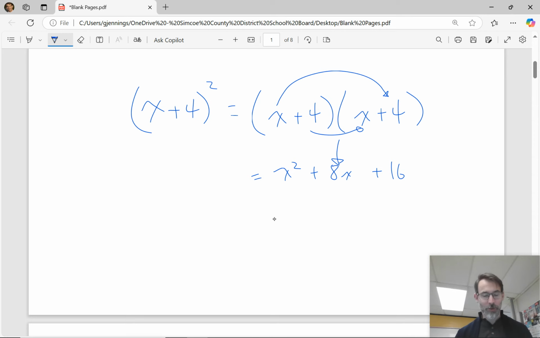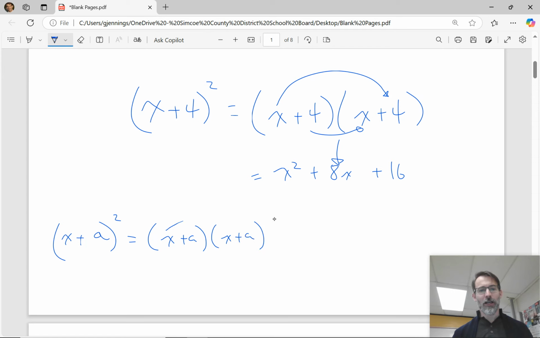And here's a little tip. You can also do these really easily if you know this identity. x plus a squared is x plus a times x plus a. Okay, and then we do this, that's x squared. We do this, that's ax. We do this, that's another ax, and then this is a squared.